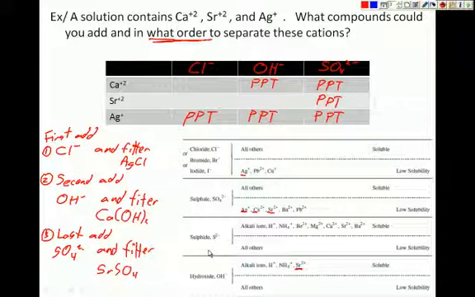For our final step, we could probably use sulfide for step 3, because that does these two, even though if we use chloride first, that would remove this, hydroxide second, and then we could use sulfide as well for our last step. So there are a few different ways to answer these questions.